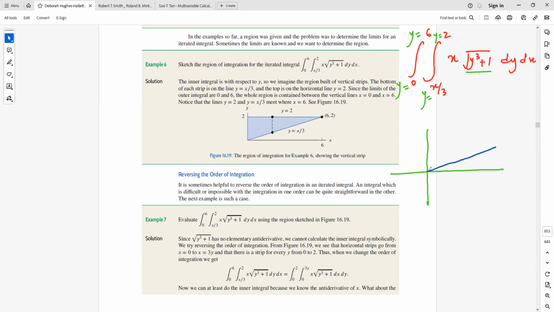This is y equals x over 3, and it's going up to y equals 2, which means that y equals 2 is the line extending parallel to the x-axis, right?